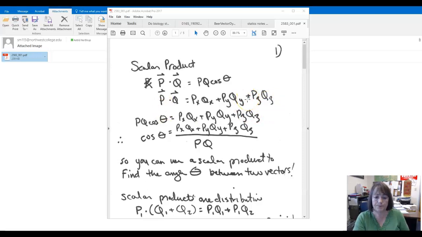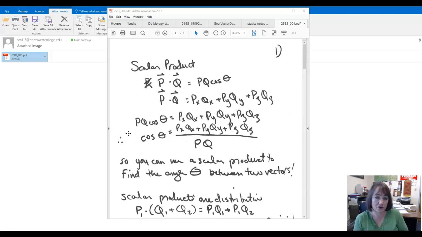So if we combine these two ideas, we can come up with an expression that can actually help us find the cosine between two vectors. And this is actually pretty useful. A couple of things to note is that the scalar product itself is, of course, not a vector. Dot product is a scalar.